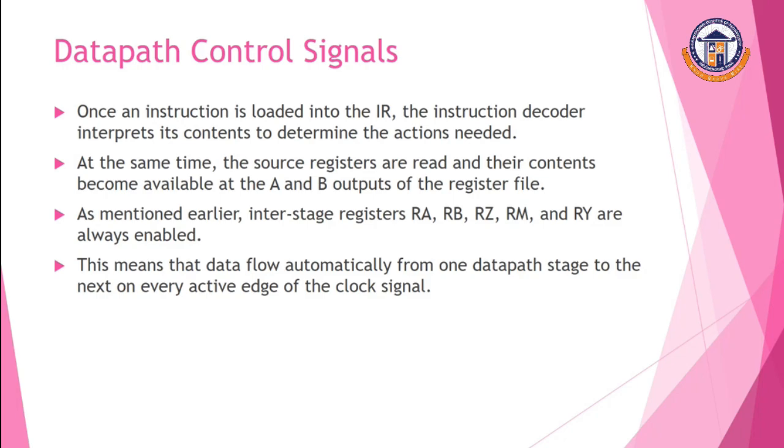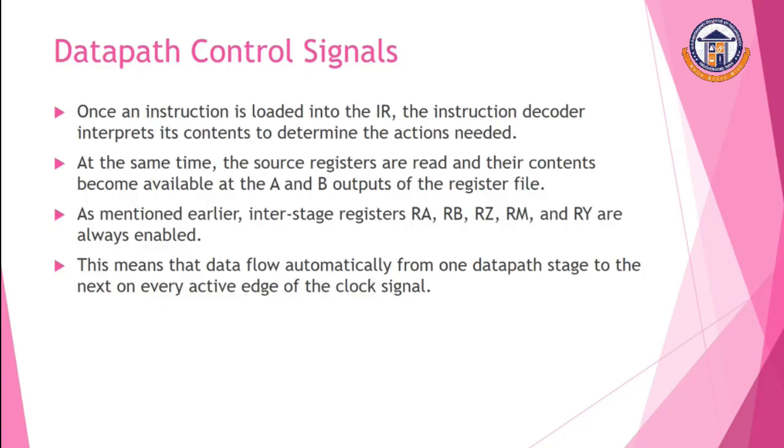While generating the control signals, we have to consider the data path of the control signals. The data path is nothing but how the data travels between the memory and the processor.